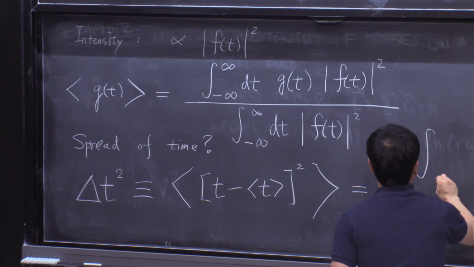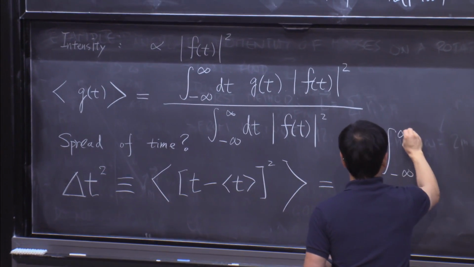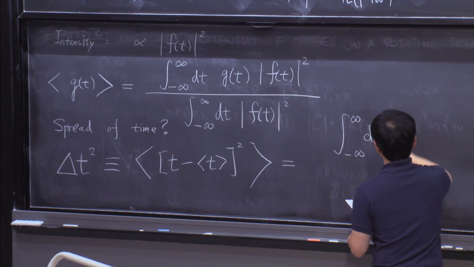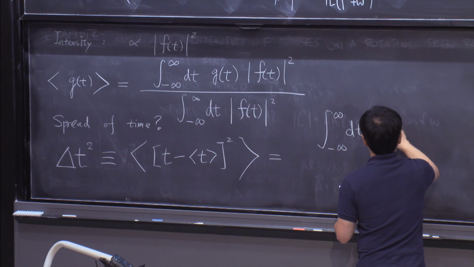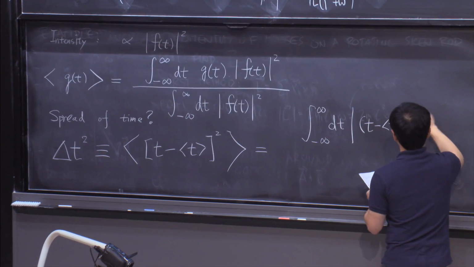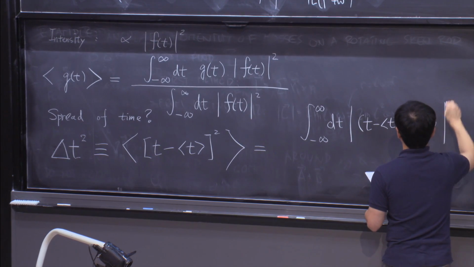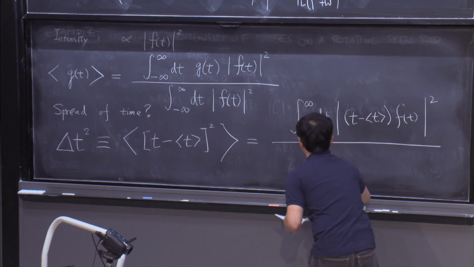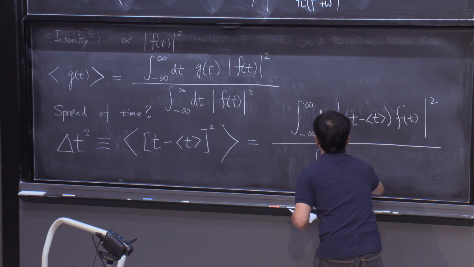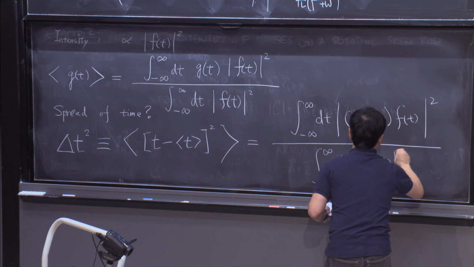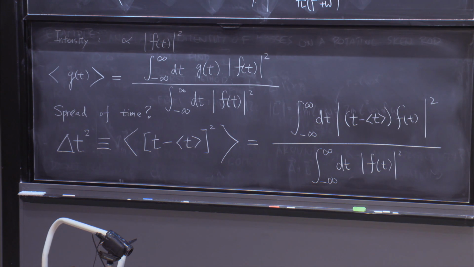It becomes the integral from minus infinity to infinity over t of (t minus the mean value of t) times the absolute value of f of t, squared. And of course, I will divide by the normalization, which is the integral from minus infinity to infinity of dt |f(t)| squared.